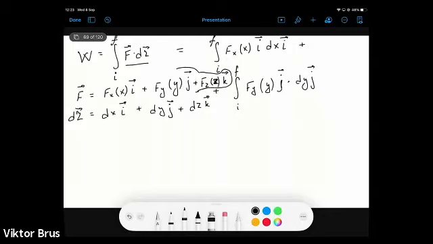And then you would have another additional component of this integral, because you need also take into account dot product of components of force and displacement vectors along axis z. Oh, okay. But conceptually, it's the same as two-dimensional case. You just add another axis.